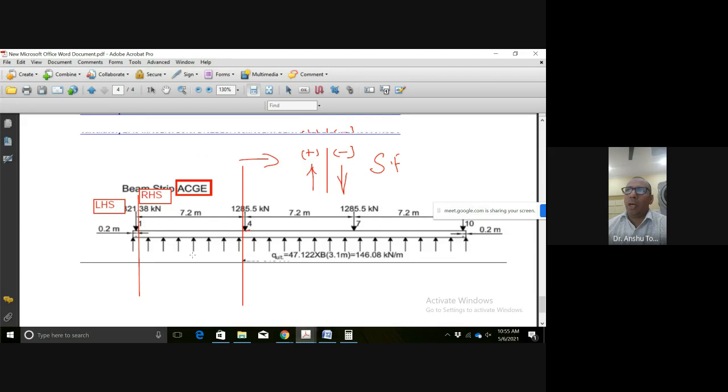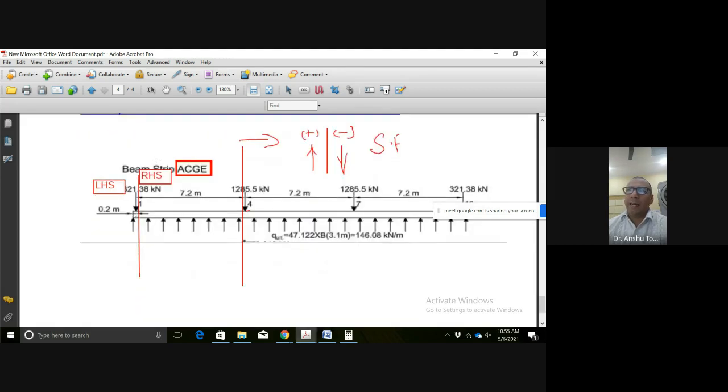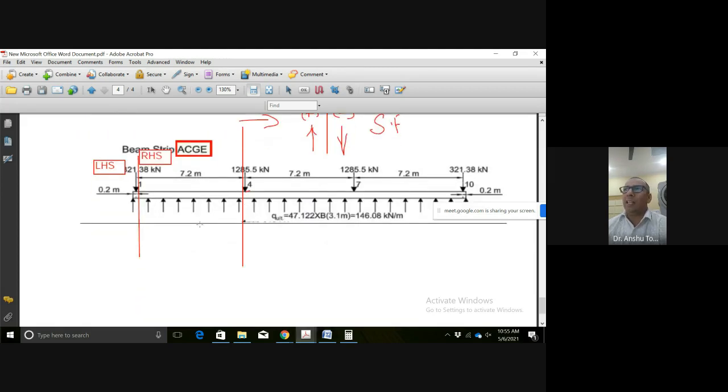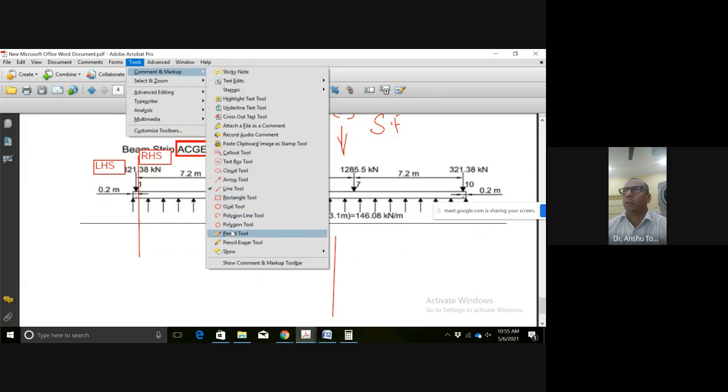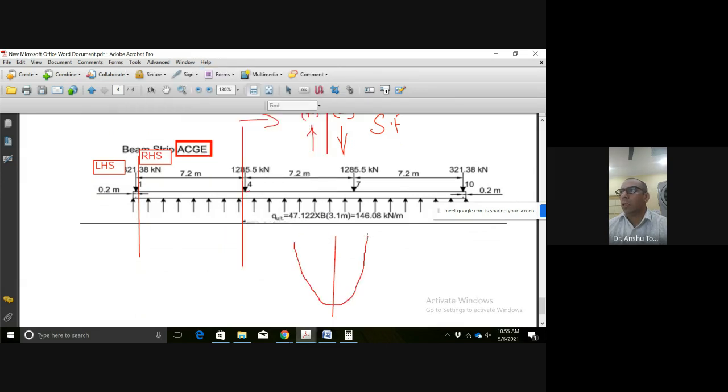That is, again, if we take clockwise, because the sign convention for the bending moment diagram is this. This is positive for left hand side and right hand side.